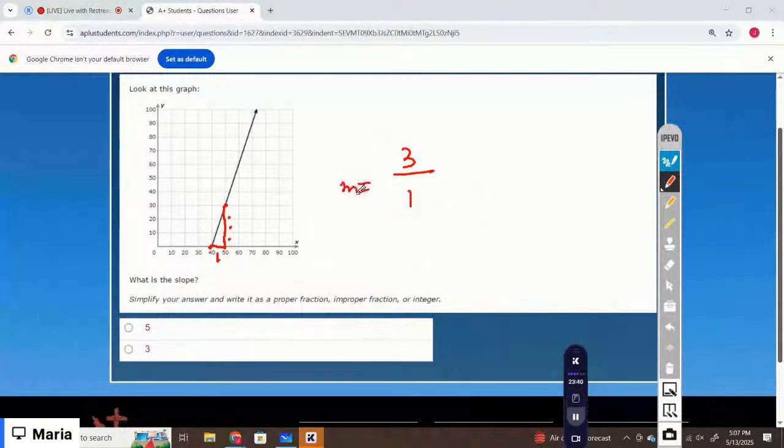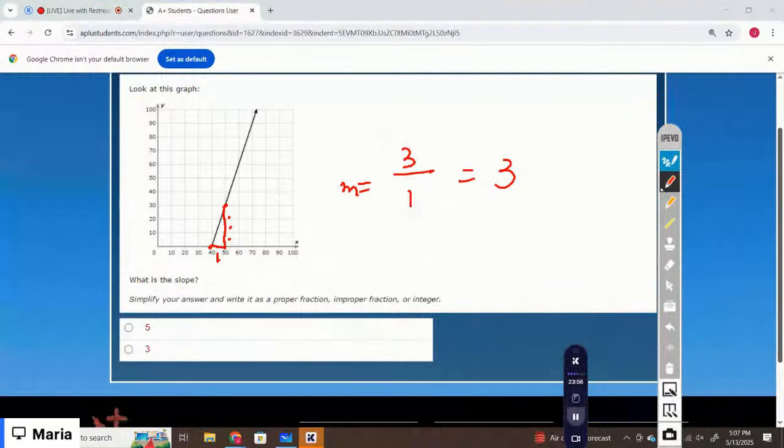So the slope is 3 over 1. You don't have to do the calculation this way. You just have to select 2 points and make a triangle. So the change in y is 3 and change in x is 1.